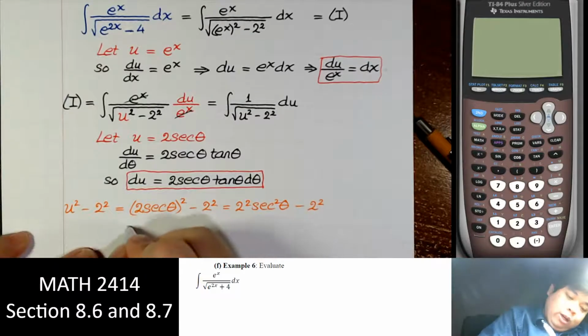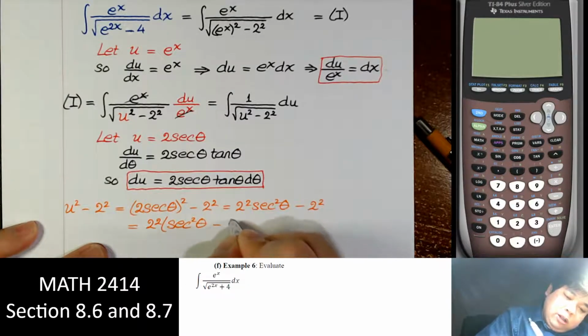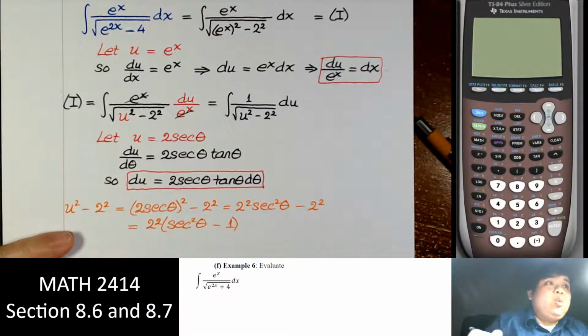Factor out the 2 square. We have secant square minus 1. Secant square minus 1 is tangent square.